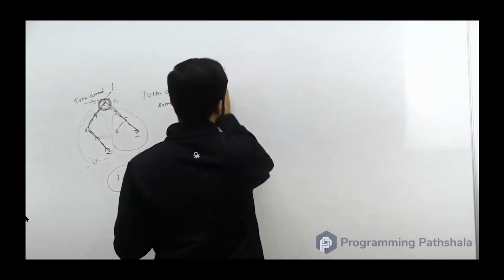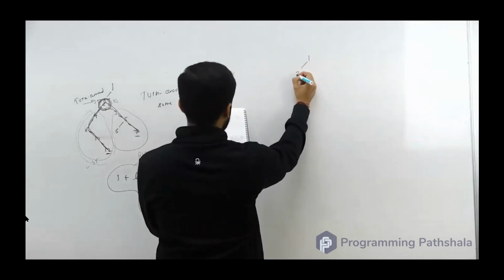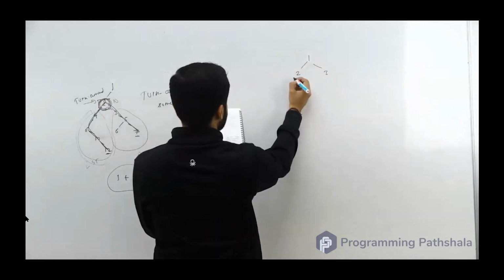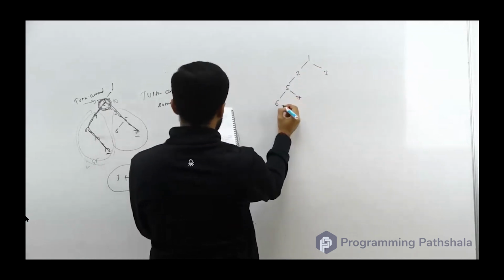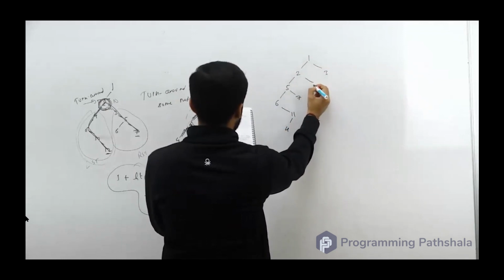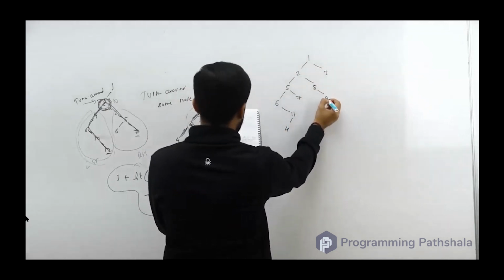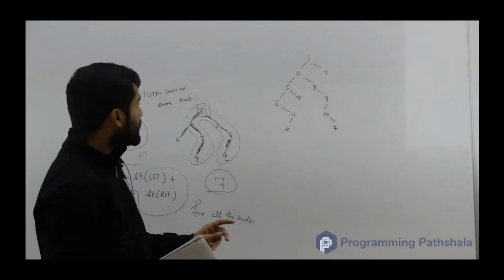Just to get more comfortable, I'll draw one more tree. Let's say we have 1, 2, 3, 5, 7, 6, 11, 4, and let's say here we have 8, 9, 10, 7. Think of it in this way.